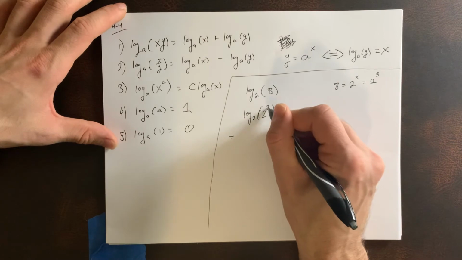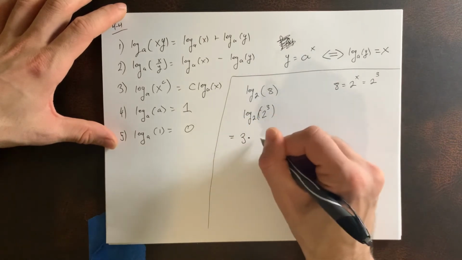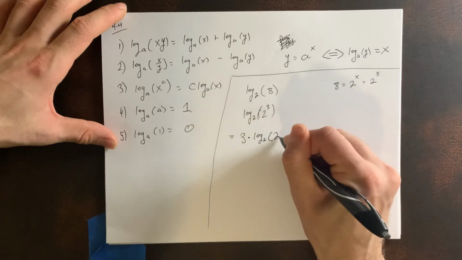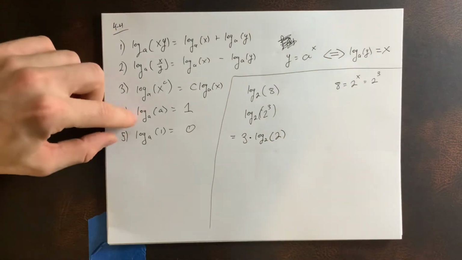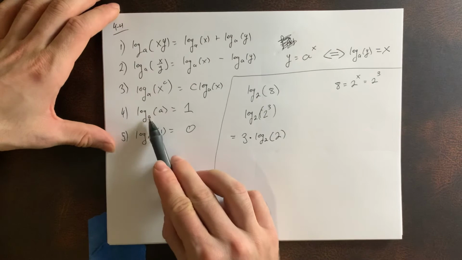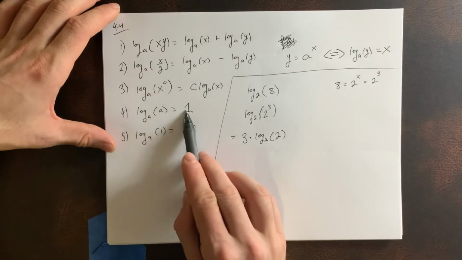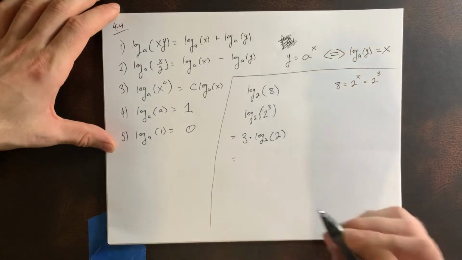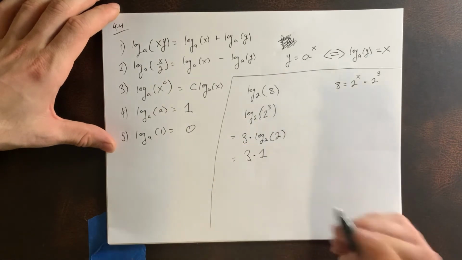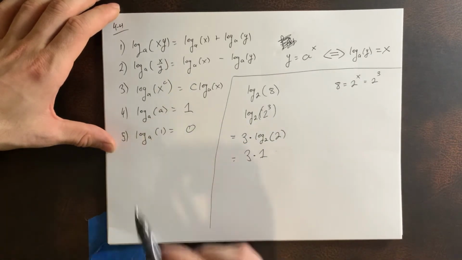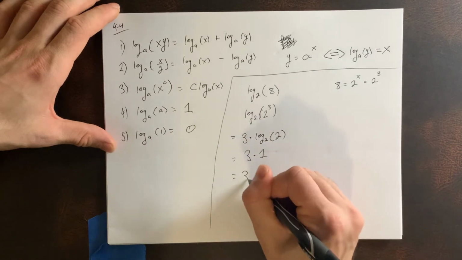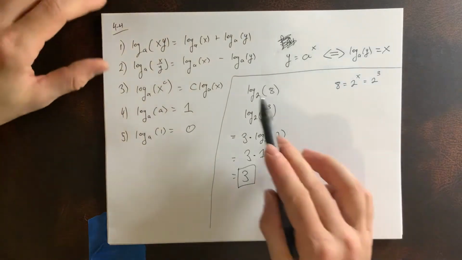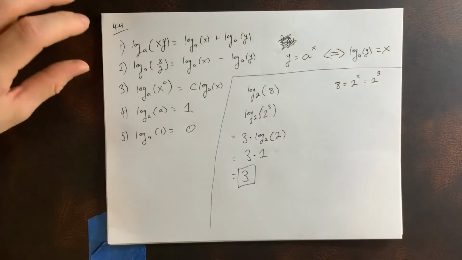So we put this power 3 in the front, so it's 3 times log base 2 of 2. Now we look at this property: whenever the base and the inside are the same number, it equals 1. The base is 2 and the inside is 2. So this is going to equal 3 times 1, and 3 times 1 is just 3. So we're able to simplify this without a calculator. Log base 2 of 8 is equal to 3.